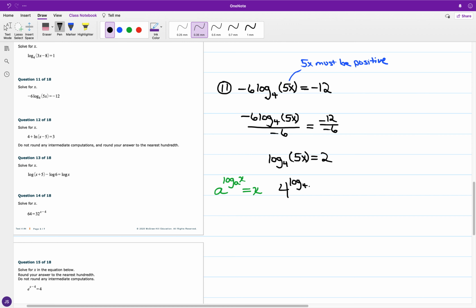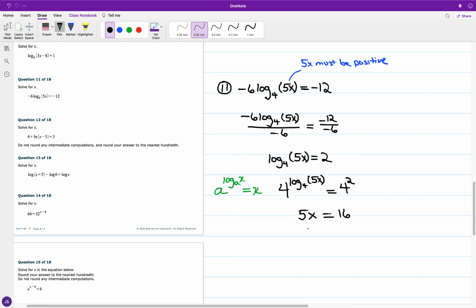So I have 4 to the base 4 logarithm of 5x is equal to 4 squared. The left hand side becomes 5x, and 4 squared is equal to 16.